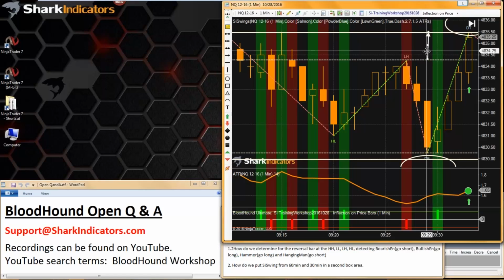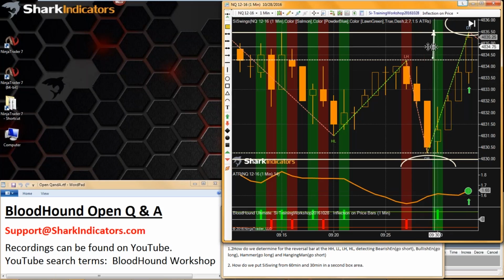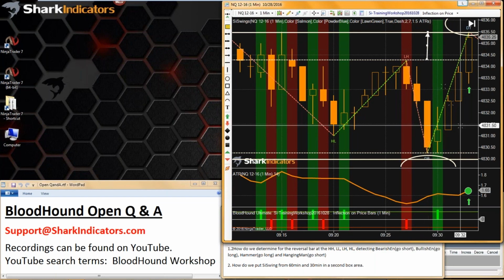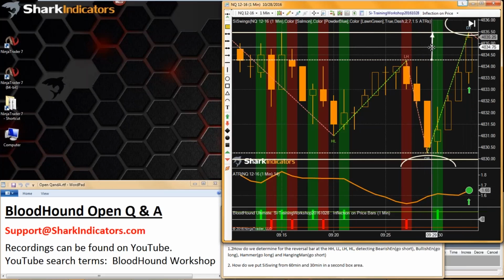This arrow represents 1.25 points, but our ATR is at 1.65 points. So the distance for this double top is less than 1 ATR, because 1 ATR is the value right here, 1.65, and this distance is less than 1.65.